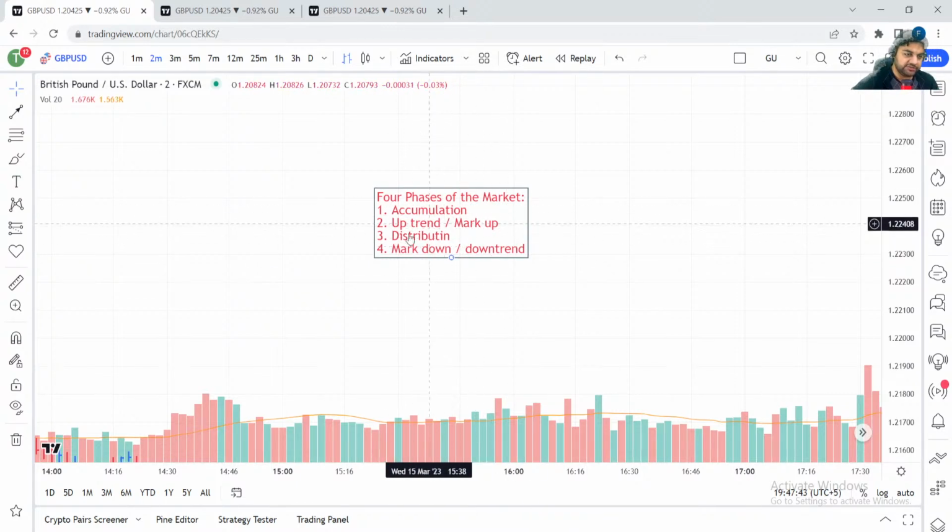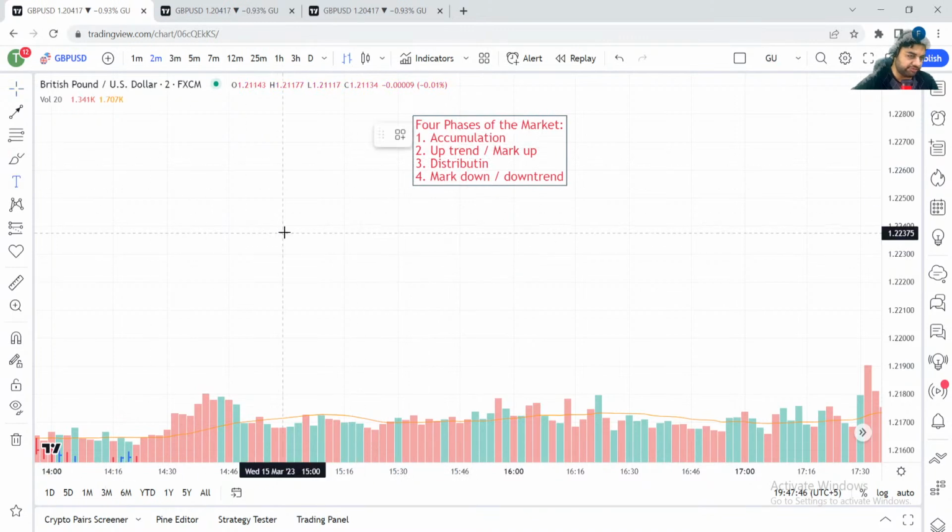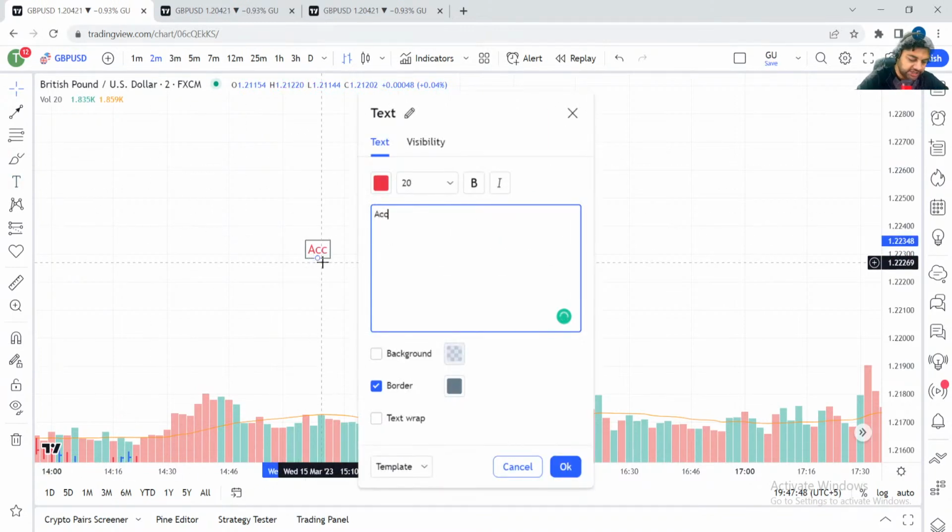Okay, so there are these 4 stages, and I want to give you a short form. Let's pick ACC from the first one. From the uptrend or markup, you only pick U. Then for distribution, you should pick DI, and for the downtrend, you can pick the full one, down.